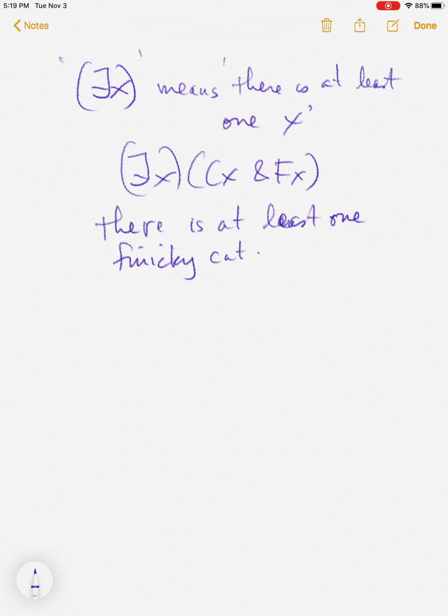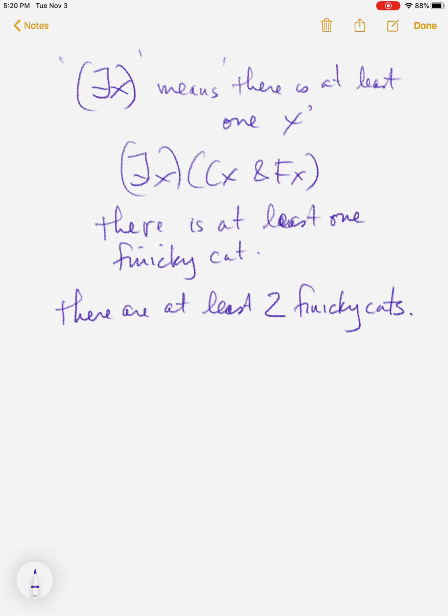How would we say there are at least two finicky cats? Well, it turns out we need identity in order to do that.